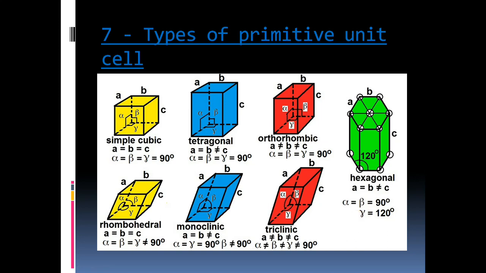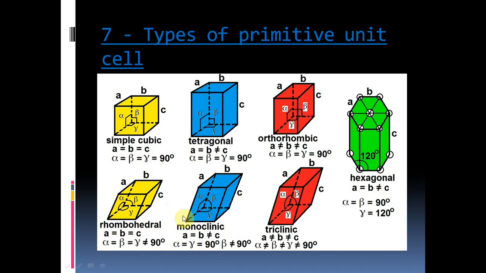So this type of unit cell is known as hexagonal unit cell. Then the fifth type is rhombohedral. In rhombohedral type, we have A is equal to B is equal to C, that is edge lengths are same, and the angle made between these edges is also same, but that is not equal to 90 degree.